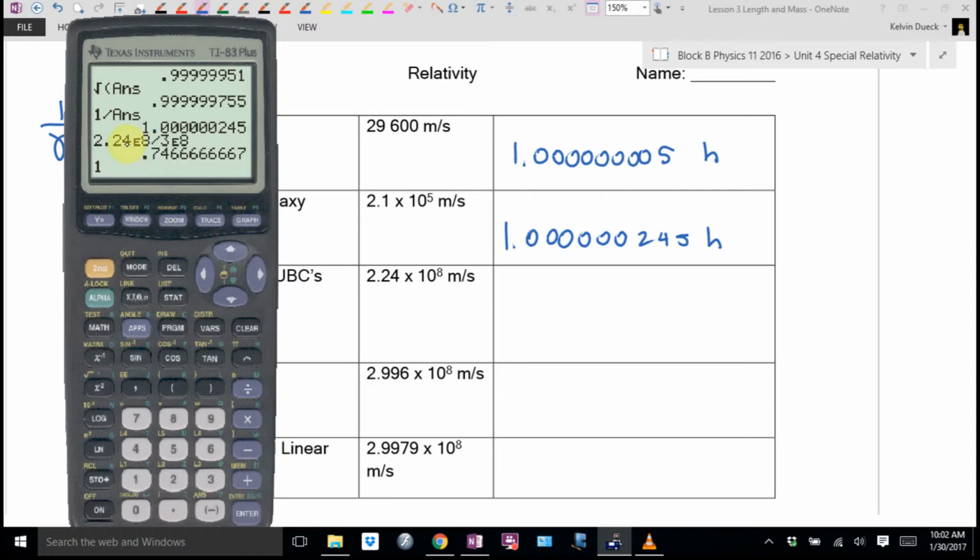I typed 2.24, but I said 2.28. 1 minus that, equals, square root of that. And then 1 divided by that answer.